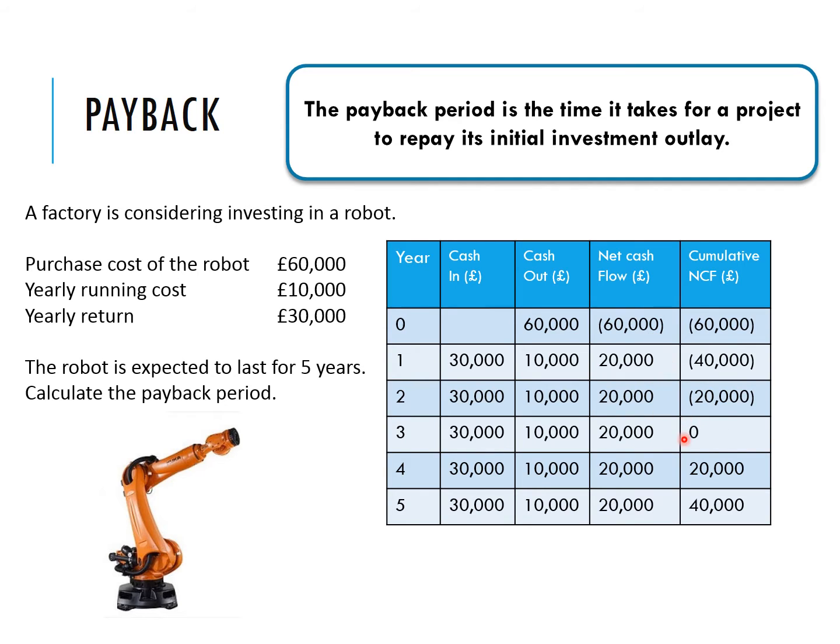So our cumulative net cash flow of 0 indicates that by year 3, we have paid back the initial outlay. So the answer would be the robot pays back in exactly 3 years. That's how long it took for the robot to pay back the money that was spent on the initial investment. And that's it. That's payback period.